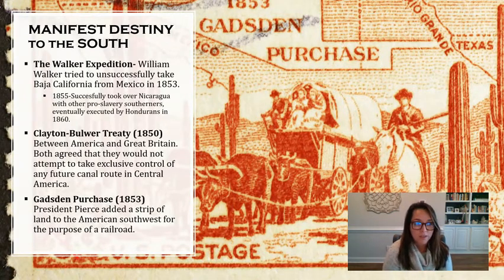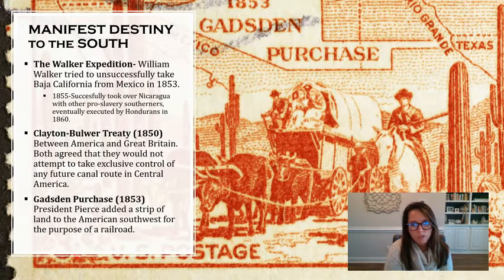Was unsuccessful there, but in 1855 was actually able to take over Nicaragua. Other pro-slavery Southerners, eventually though, Hondurans and other Latin American countries in the area will take over Walker and his followers or supporters, and they'll execute him in 1860 as the war is about to begin in the United States.